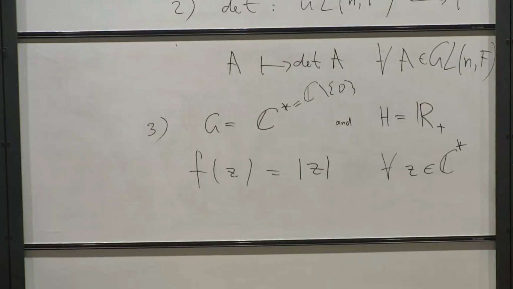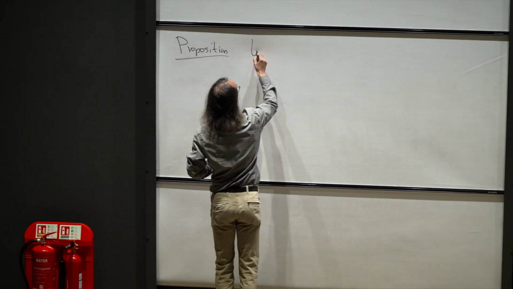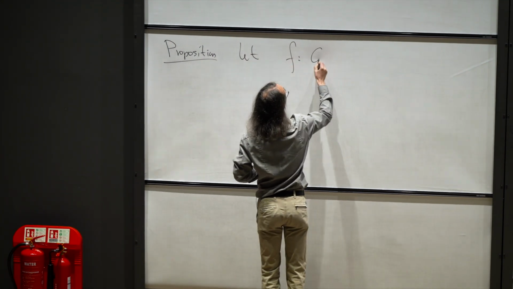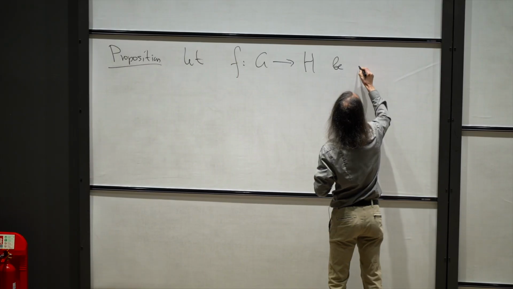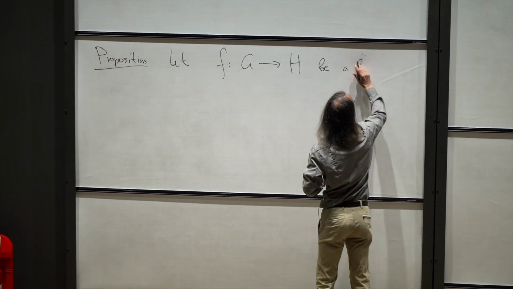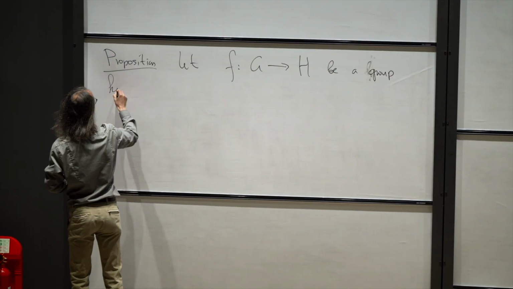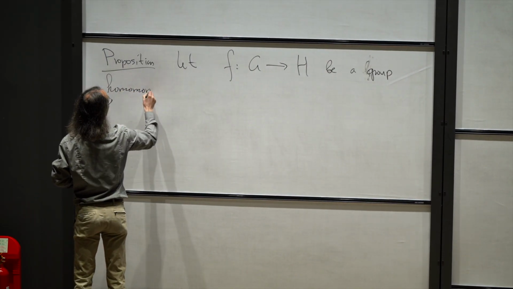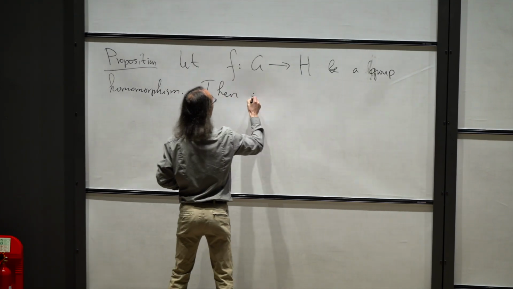So what properties does a homomorphism have? Proposition. What can we say from the defining property of a homomorphism? Let f from G to H be a group homomorphism. Then we have the following.